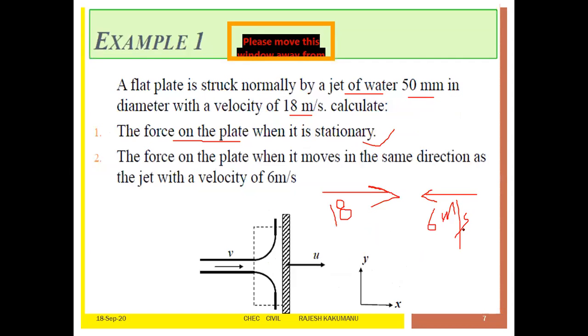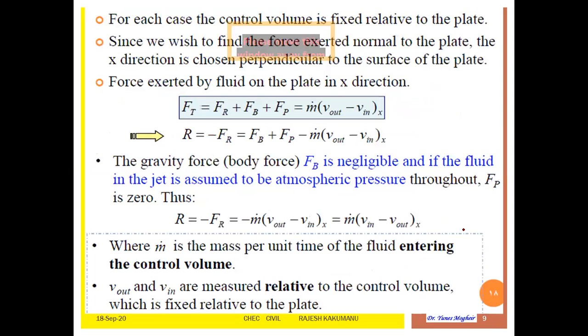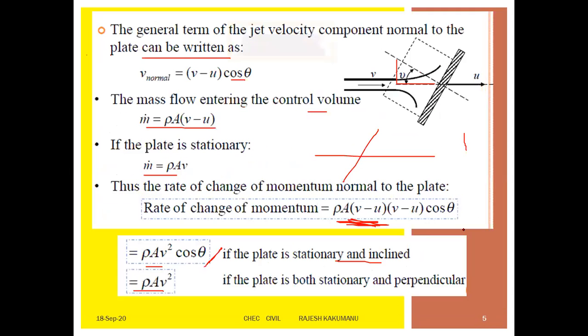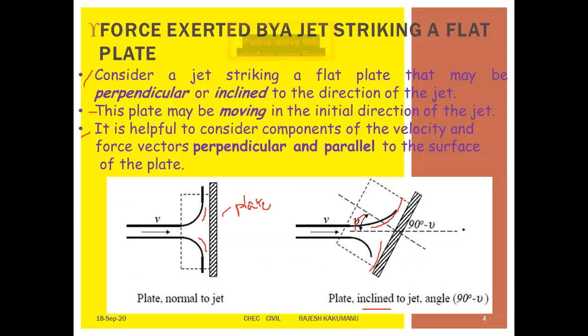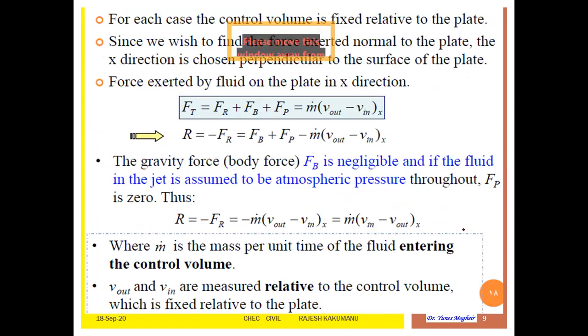Now, in example 1 we have seen the plate is perpendicular to the water flow. In example 2 the plate is making an angle of 30 degrees to the water flow, right? So these are the two cases for the application of the force exerted by the jet striking a flat plate.